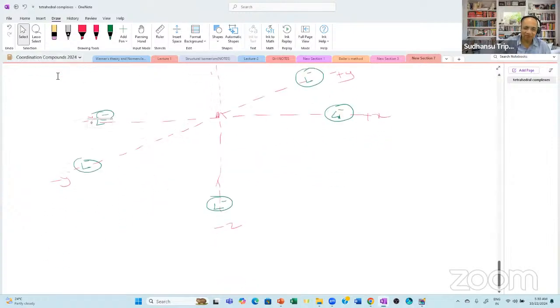Now see, before I write something, let me tell you that when you are bringing the ligands closer and closer to the metal ion, the repulsion is increasing. But if you do the opposite, when you take the ligands away from the metal ion, the repulsion will be decreasing.